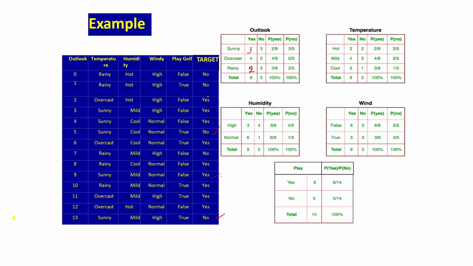So, you can calculate probability, this is not posterior, this is basically marginal probability, that is for sunny it is 2 by 9 for yes, 3 by 5 for no. Overcast is 4 by 9 for yes, 0 by 5 for no. Rainy 3 by 9 for yes, and 2 by 5 for no, and total is obviously 100%, right.